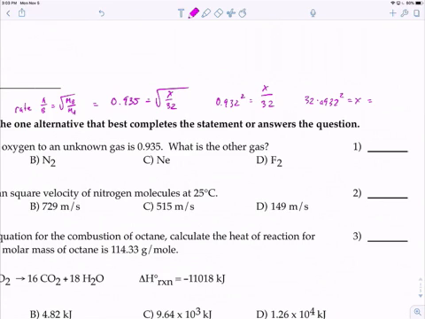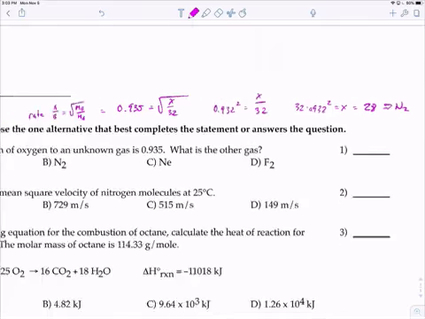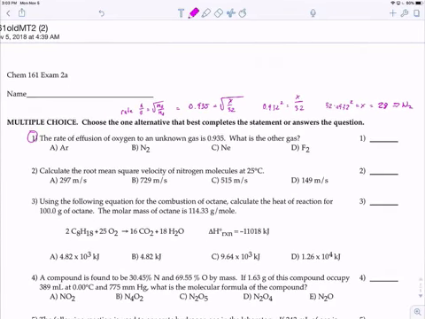It is in fact 28, which implies it would be nitrogen. So oxygen is 32 grams per mole. Which one is 28 grams per mole? It's nitrogen.